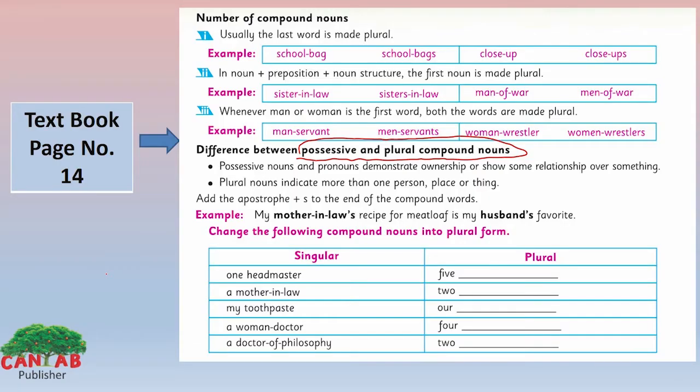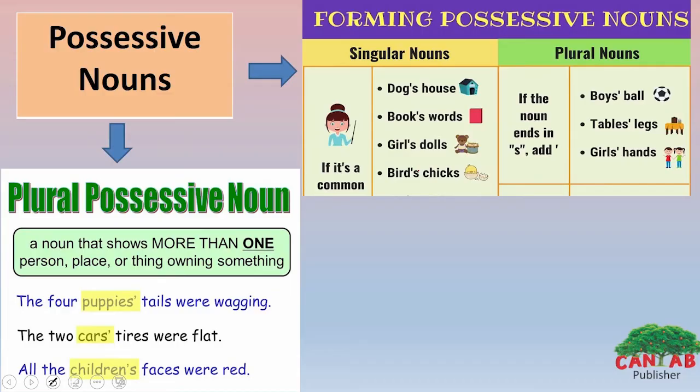Possessive nouns and pronouns demonstrate ownership or show some relationship over something. Like how? Ownership and relationship between two nouns and two pronouns. Here we have two nouns, dog and house. Here we have apostrophe and s. This shows ownership, the relationship between the dog and the house.